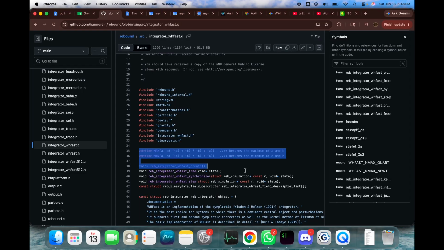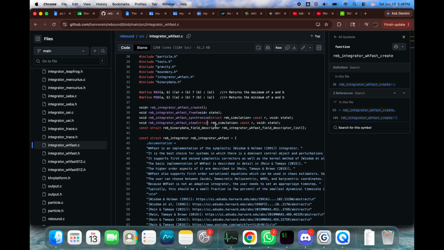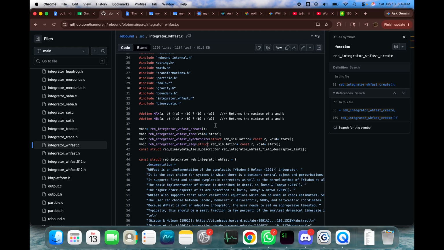Next. So now this is WHFast create. Yes, and I don't know why it's undefined here. Let's ignore that. Whatever this is, this code's recently been updated, so it's completely different. Let's ignore this monstrosity.